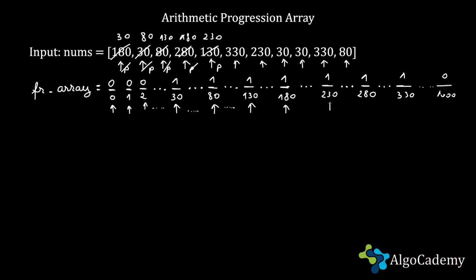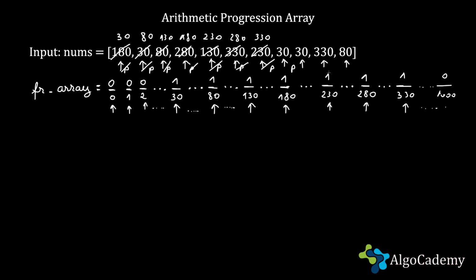Then 230, then all zeros, then I find 280. So where P was left here, 280, P goes here. 330 is the next one which has a 1, so I also increase P, it is here, and I don't find any.